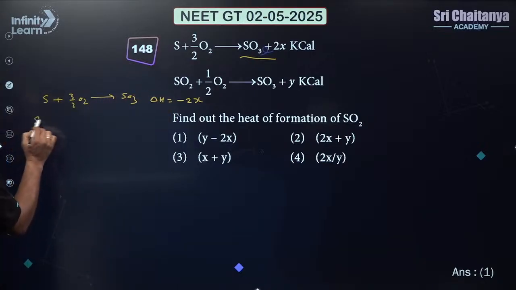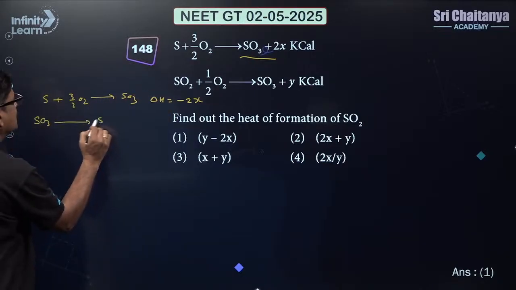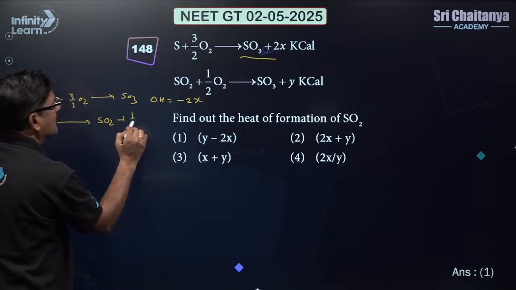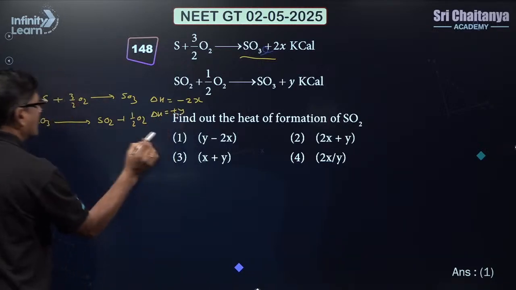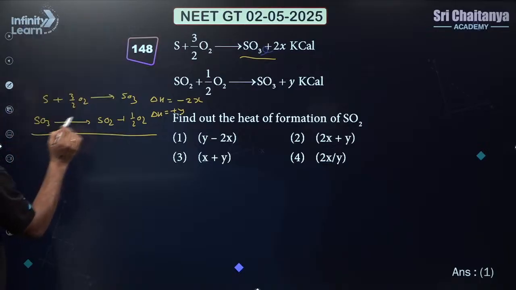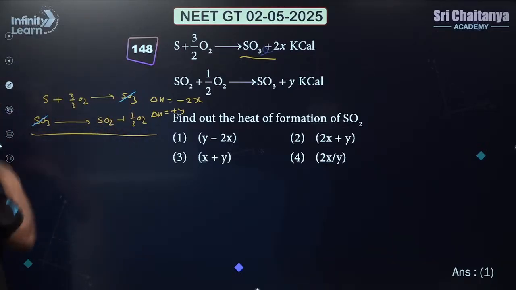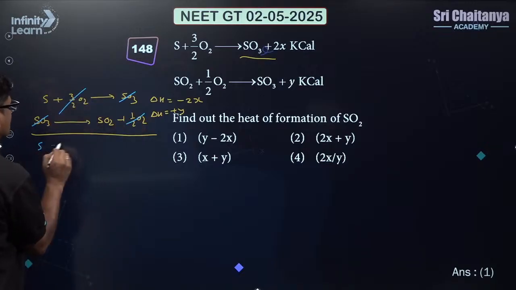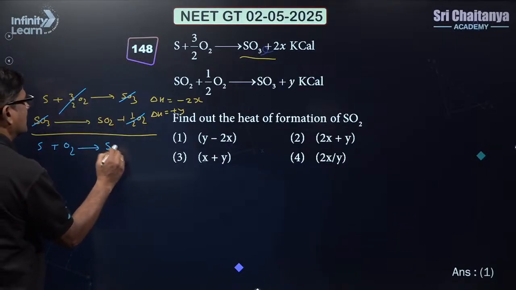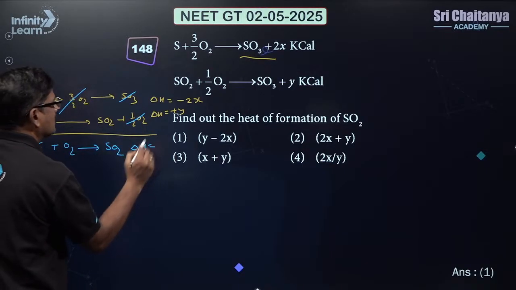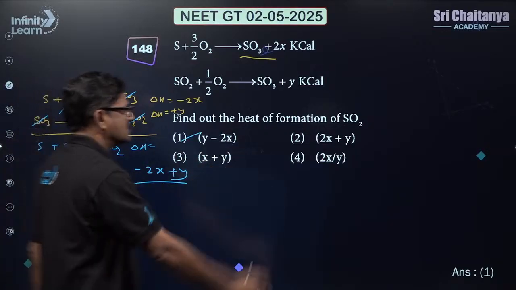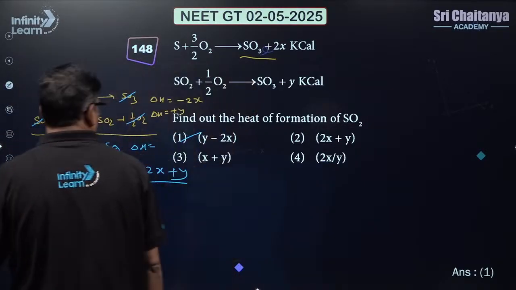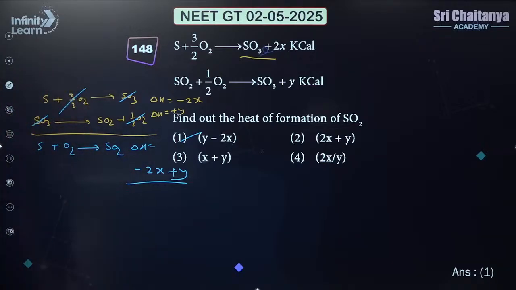The second one: SO3 gives rise to SO2 plus half O2, delta H is equal to plus Y. On solving, you're going to see SO3 is striking off, and we get S plus O2 gives rise to sulfur dioxide, delta H is equal to minus 2x plus Y. So the answer is going to be this one. Okay, and it is going to be one.